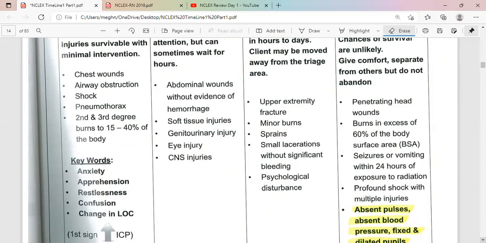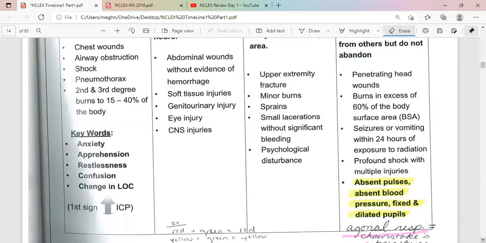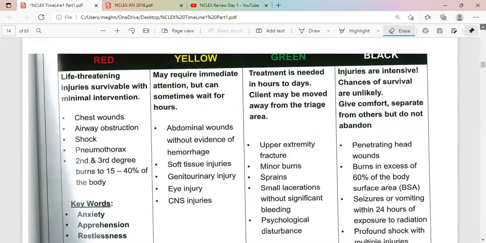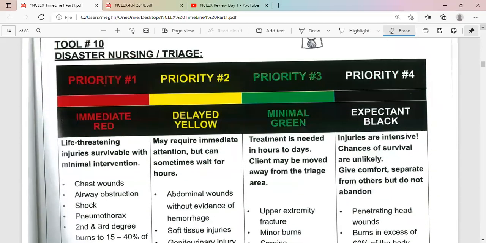Or if you check the vital signs and absence of the pulse rate, absence of the blood pressure, or fixed and dilated pupils, means patient is already gone and time to say goodbye. So this is basically disaster nursing skill or triage. As I told you, triage nurse always requires advanced clinical decision making skill.